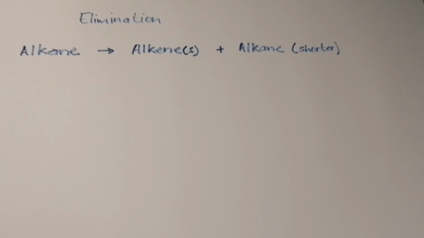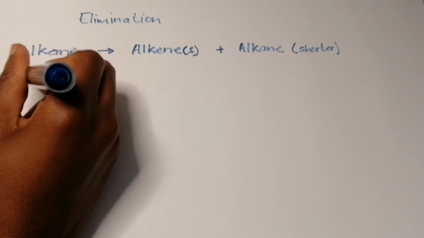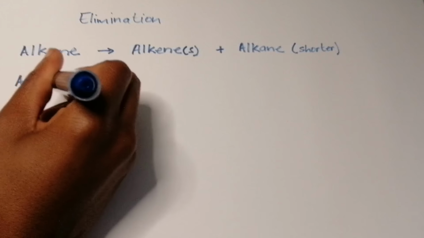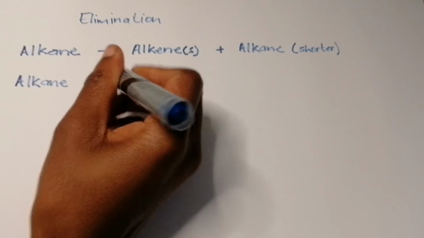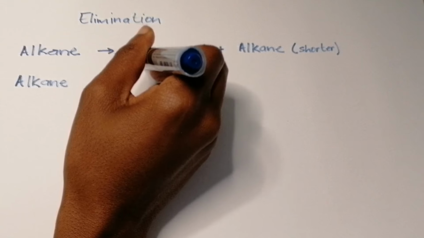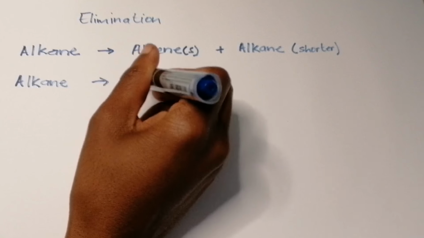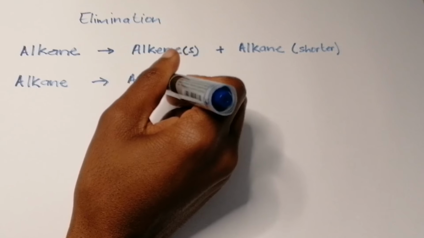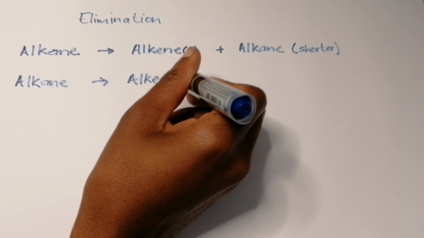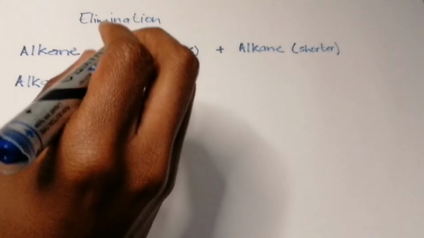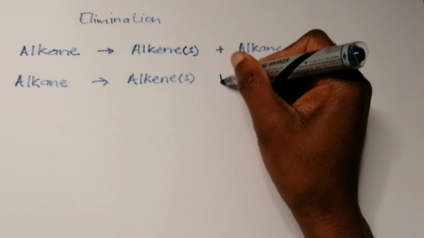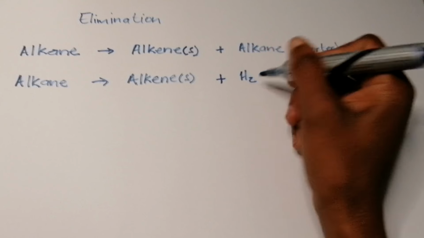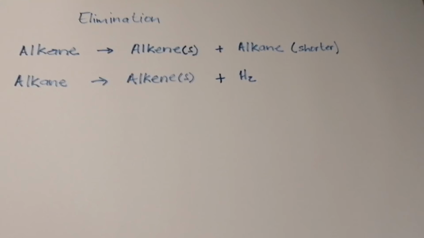Or even at times you may have a situation where you take an alkane, and it forms an alkene, or it forms alkenes, and hydrogen. That would be a typical situation of an elimination reaction.